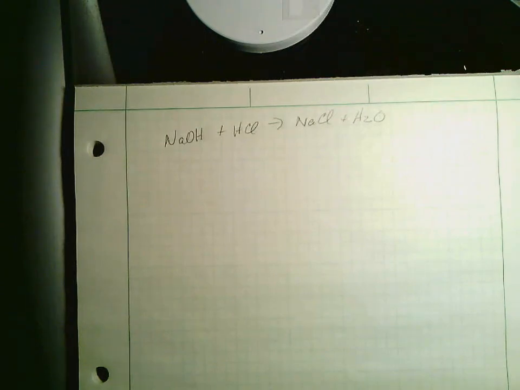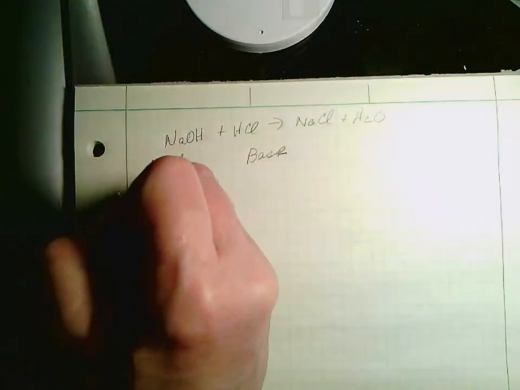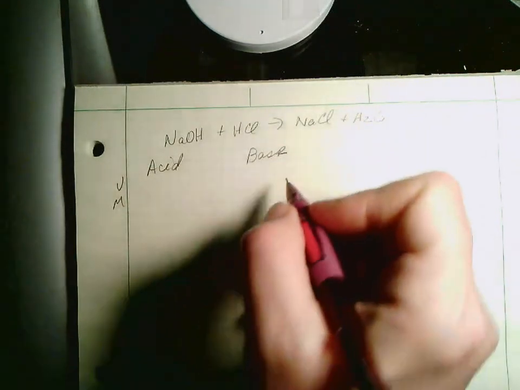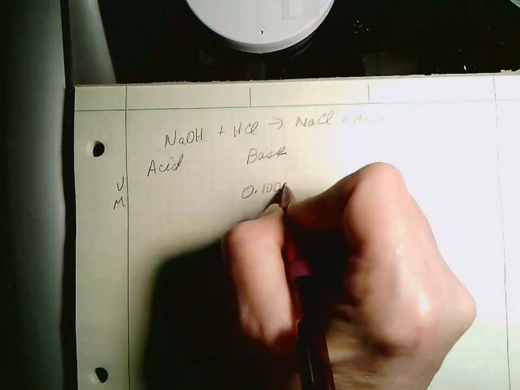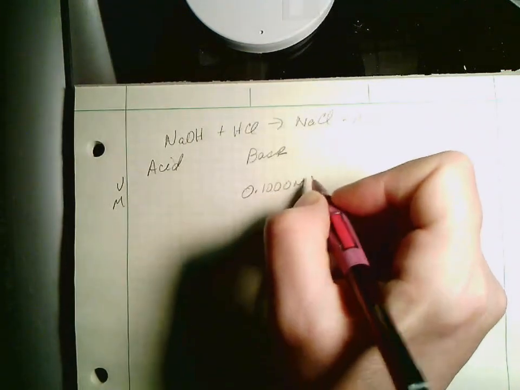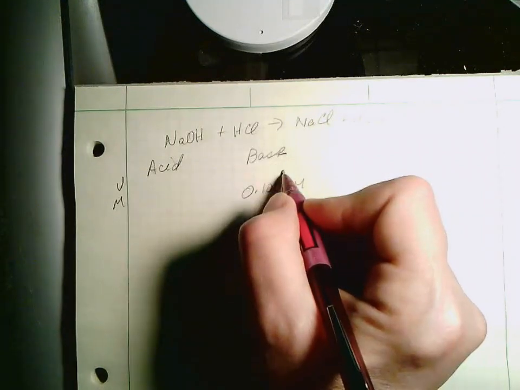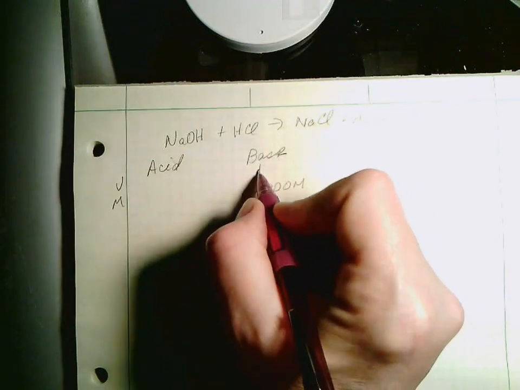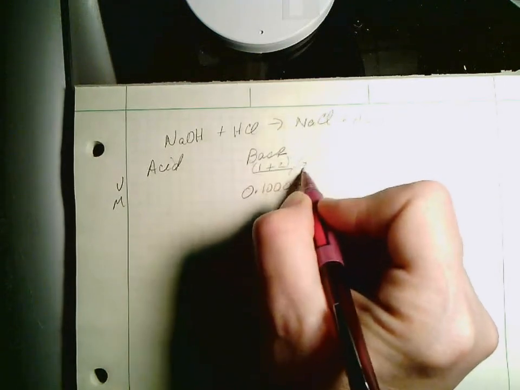We know that for our acid and our base, we're going to have volume and molarity. For our base, our molarity is 0.1000 molar. And from the data we're given, we can calculate the volume of base by adding the two numbers together, 1 plus 2, and then that sum divided by 2.